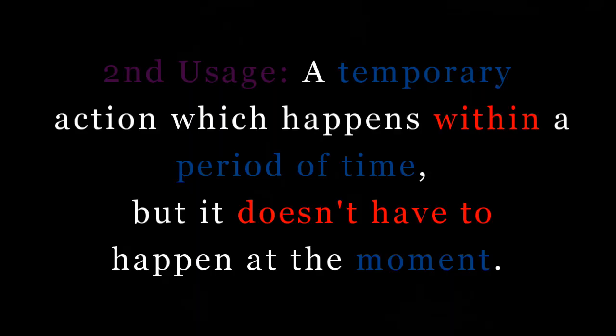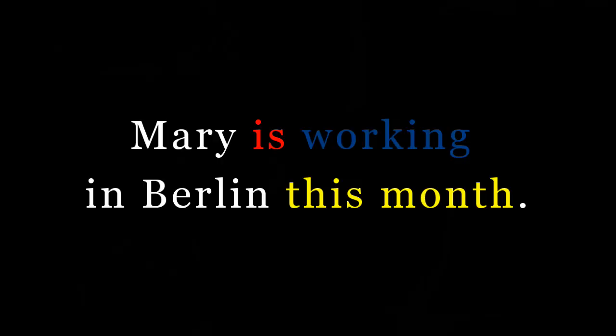Was wir haben, ist etwas, was in einer Zeitspanne passiert. Aber es muss nicht gerade im Moment passieren. So, for example, you can say, Mary is working in Berlin this month. Normally, she works in Leipzig, wherever. Okay, but this month, Mary is working in Berlin.